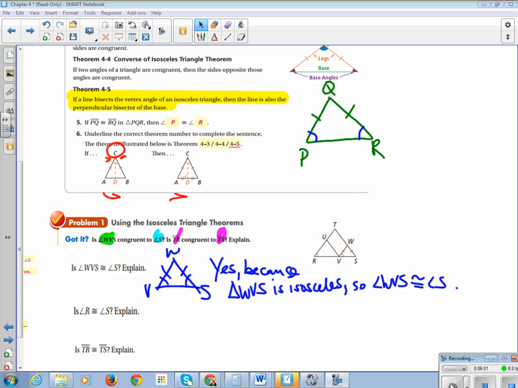Now let's look. Is angle R congruent to angle S? What do we say, y'all? So we are going to say yes, since angle R is congruent to angle WVS, and that's given.